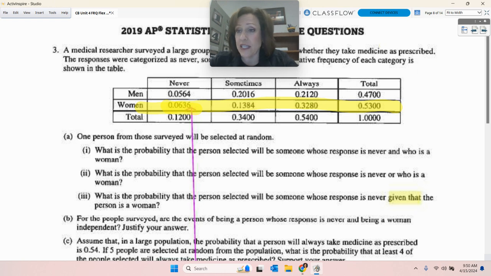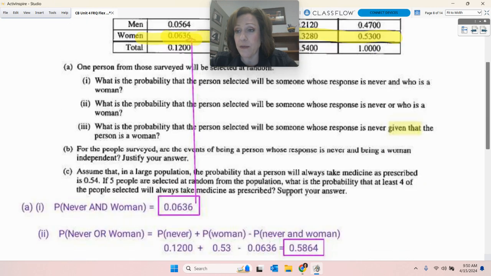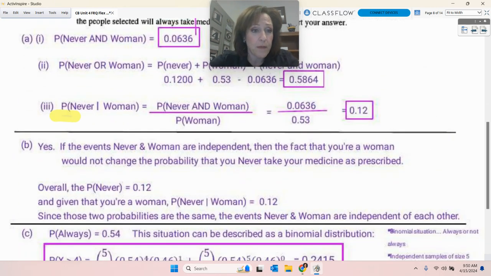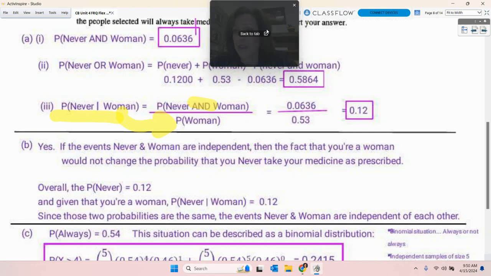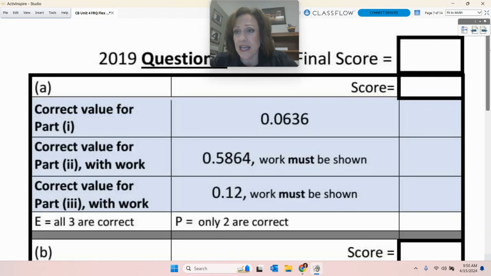So you had the intersection, and this also is on the formula chart, that probability of A given B. So it's written on here, probability of A given B is probability of A and B, so never and women, over the probability of B. So then that's how that came. And to get credit on this, you had to get the right answer of 0.12, and then you had to show the correct numerator and the denominator. So show those credits.